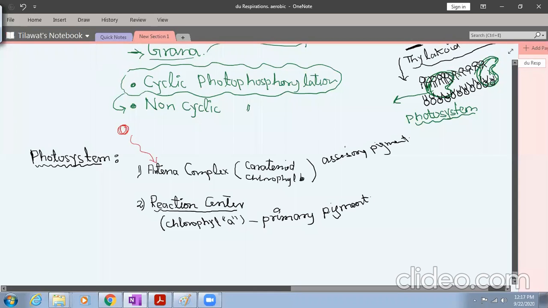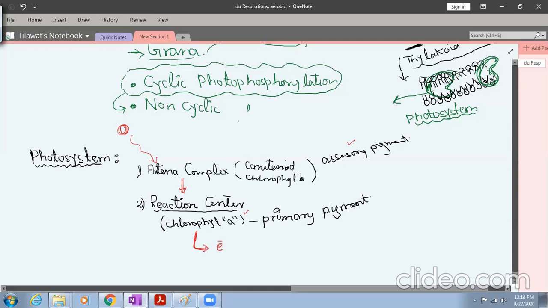It means the accessory pigments will absorb that light energy, and from the accessory pigments it will travel in the form of electromagnetic energy, moving from one pigment to another. That energy will reach the reaction center, that is chlorophyll A. The electron of this chlorophyll A will get excited, move to a higher energy level, and be released from chlorophyll A.